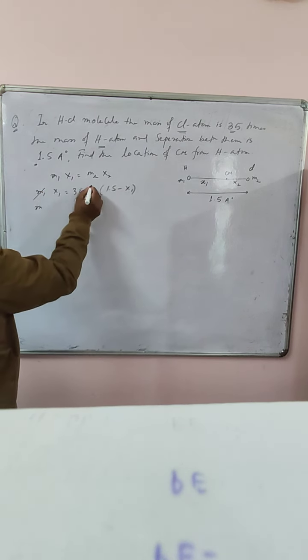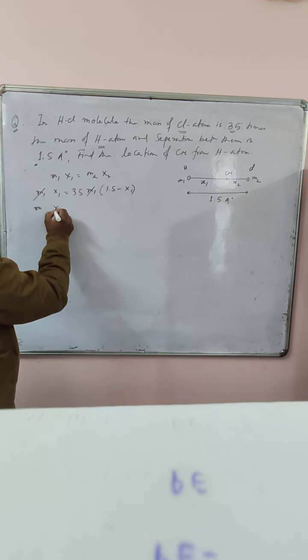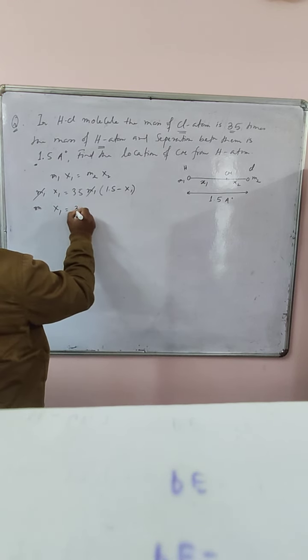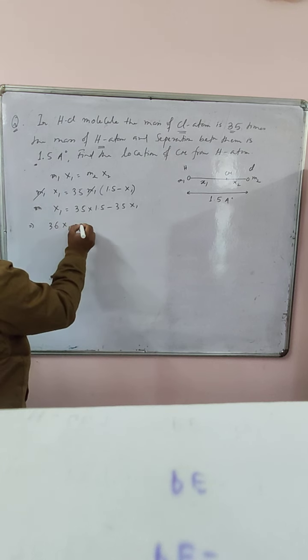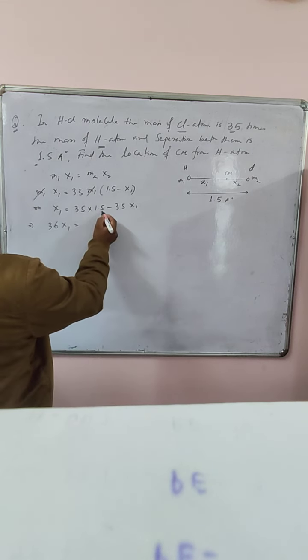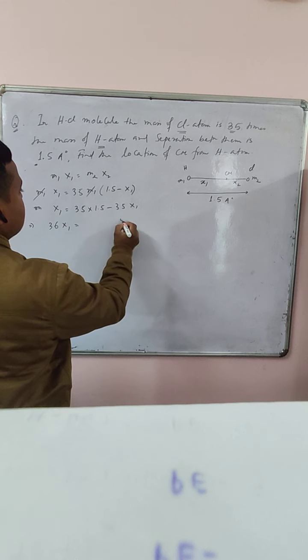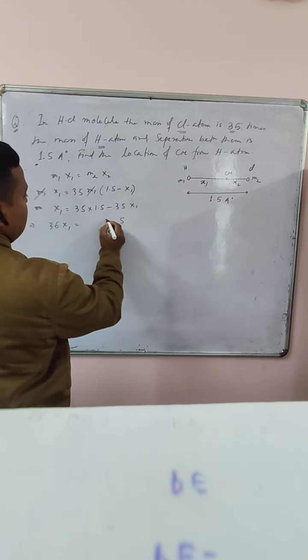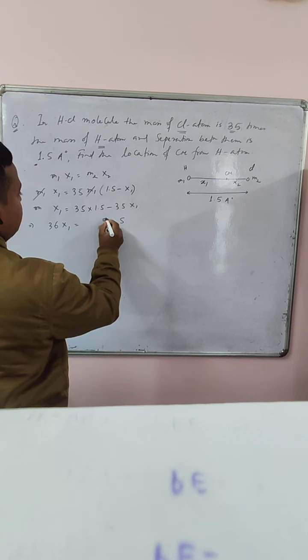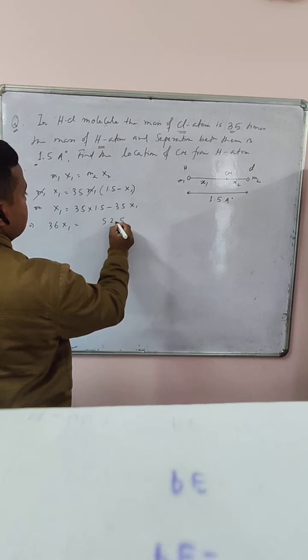So m1 you can cancel out. So here x1 equal to 35 into 1.5 minus 35 x1, or 36 x1 equals 52.5.